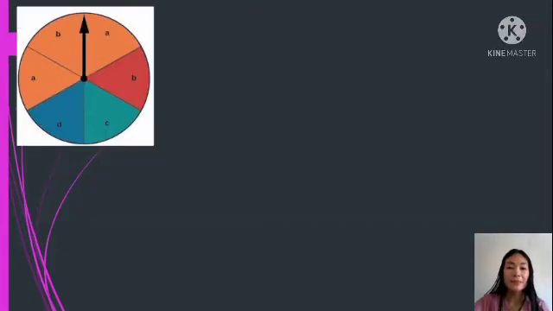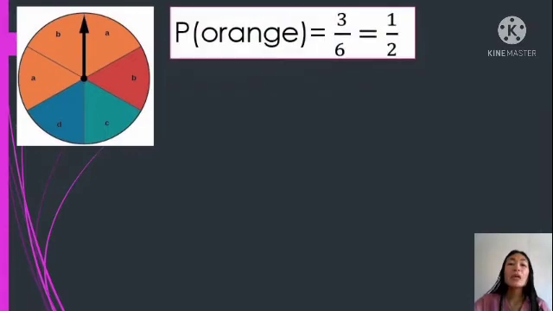Okay. So let us try to find first the probability of the first event, which is spinning orange. So probability of orange equals 3. Why 3 here? Because there are 3 slices or region of an orange here.